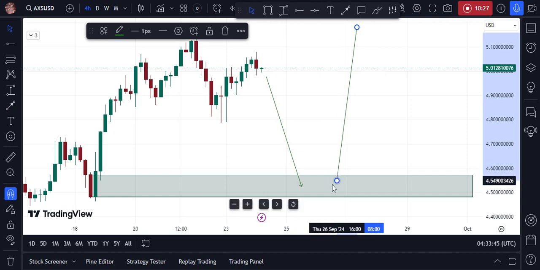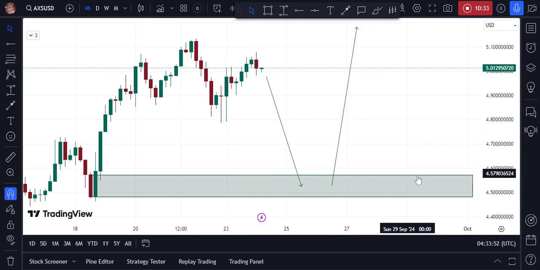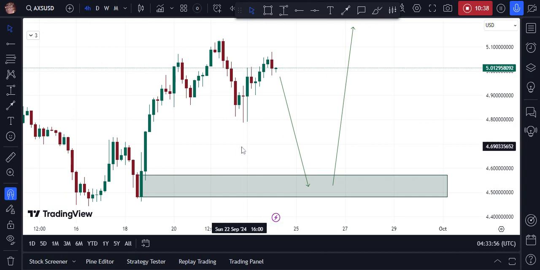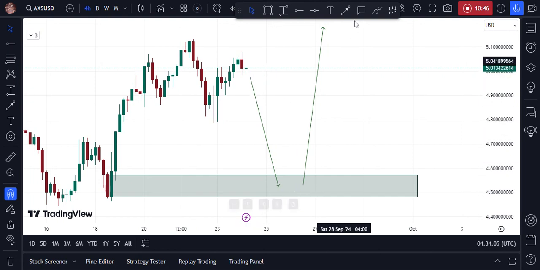So now guys, you may be asking for the perfect entry for AXS USDT. This will be a perfect point of entry for AXS because this zone has not been retested yet. It would be best to come to this zone and wait for price.